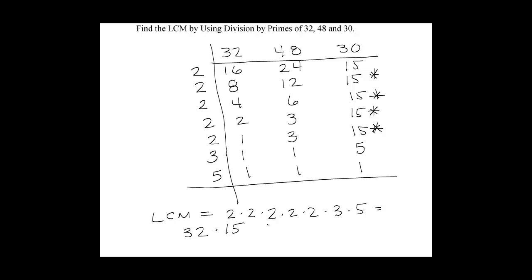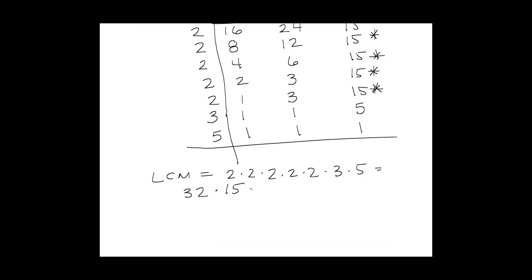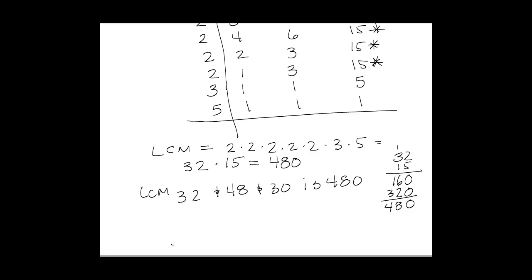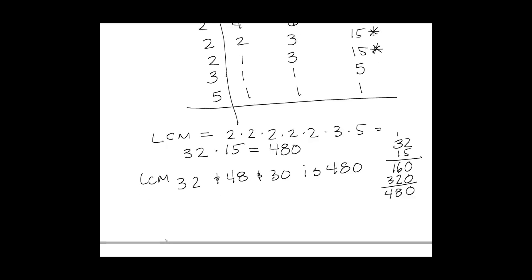So 32 multiplied by 15 is going to give me my least common multiple. So let's do this out here. 32 multiplied by 15. 5 times 2 is 10. 15 plus 1 is 16. A 0, that's 2. And 3, 0, 8, 4. So the least common multiple of 32, 48, and 30 is 480.